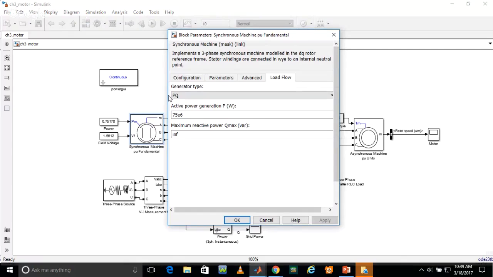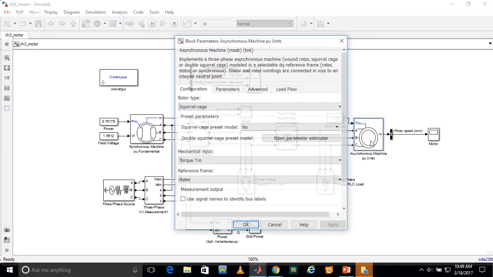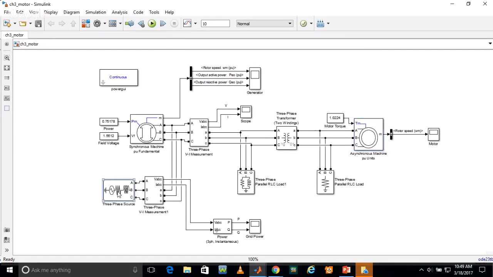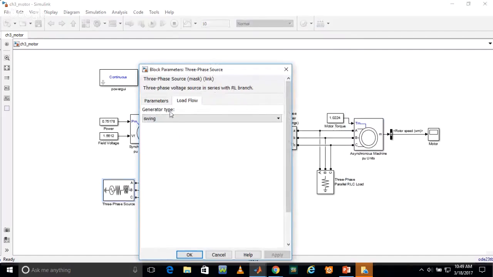In the load flow, we will provide generator type as PQ. Then we will provide the active power generation as 75 megawatt, and reactive power it can provide up to infinity. Similarly, in this case, in the load flow, we have given the mechanical power as 25 megawatt that is required, and in this load flow it is the swing bus.